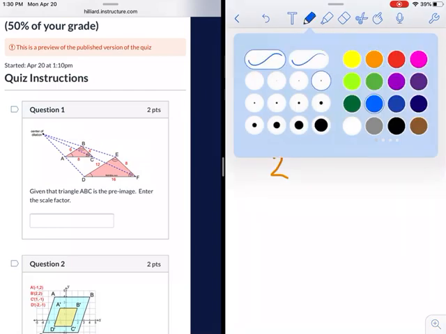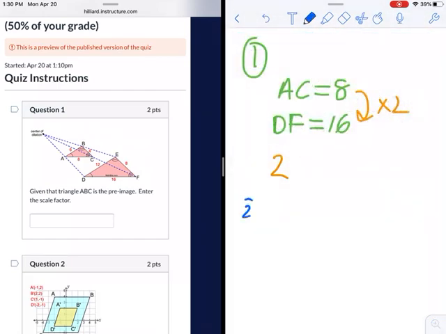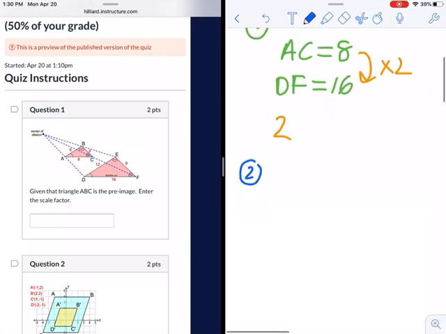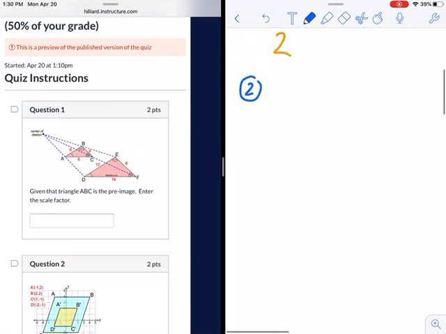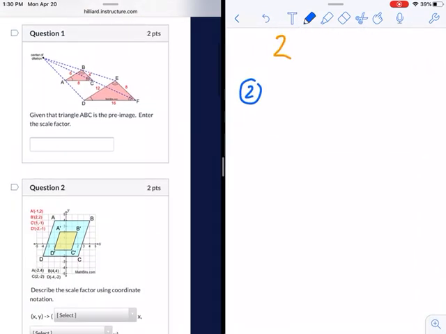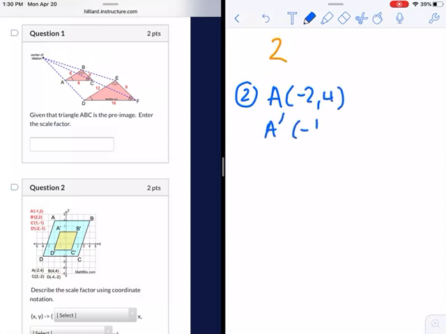Alright, number 2. So when we do it in coordinates, what's really important is look at the coordinates themselves. Alright, they're already labeled. Let's just look at A. A is at -2, 4. A prime is at -1, 2. Right? So again, prime notation tells the story. This is a reduction. I'm getting smaller.